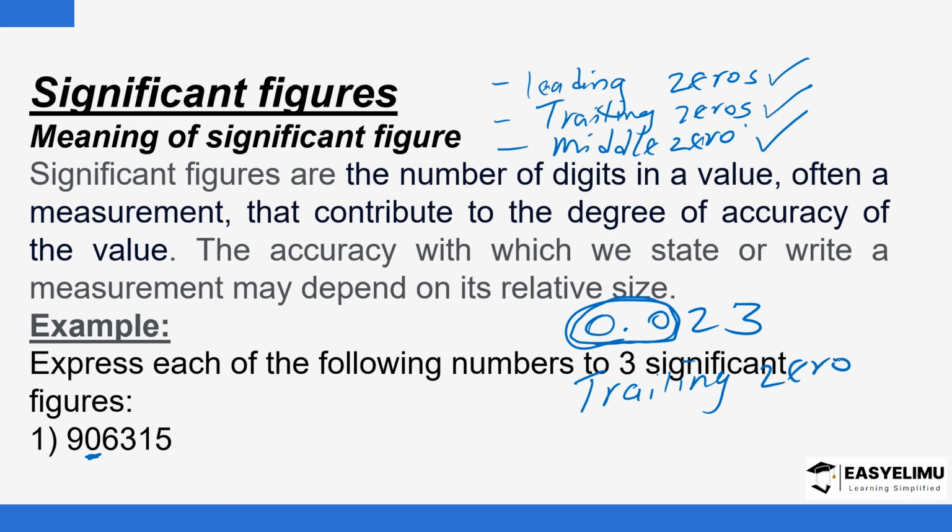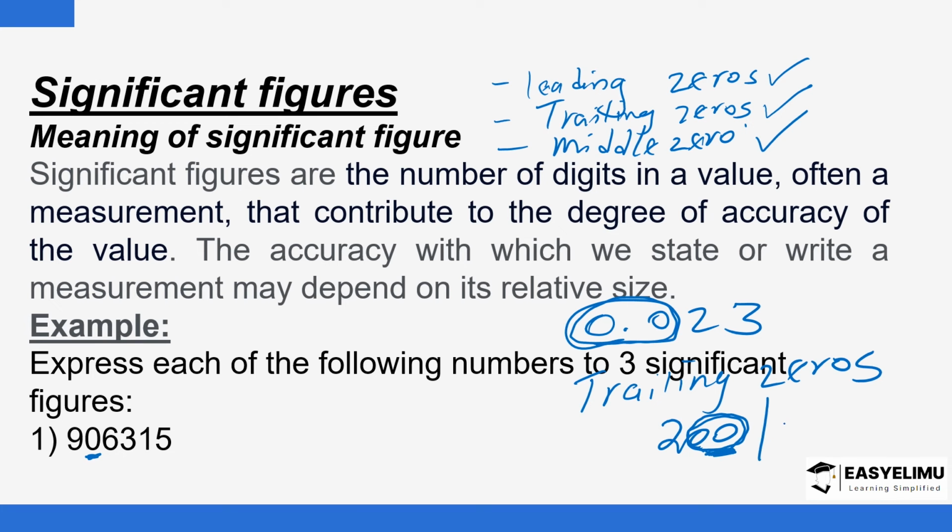So trailing zeros, if you have a number written like 200, then these last zeros here, we say it's an ambiguous case. You'll not be able to tell whether these last zeros here are significant or not.